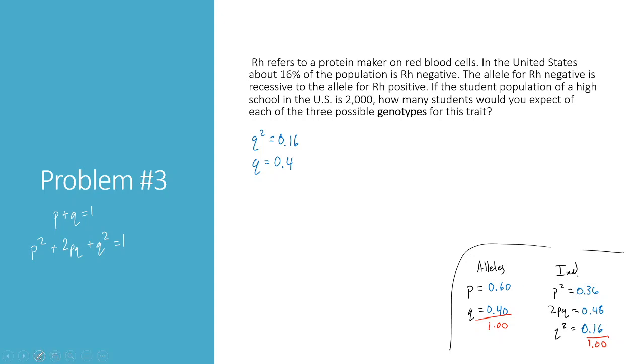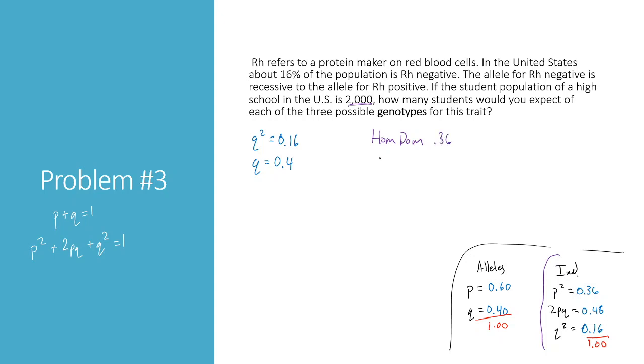Then the question itself is asking us, out of a population of 2,000, how many would we expect for each of the genotypes? So for each of these genotypes for our 3 different kinds of individuals. So we know that the homozygous dominant individuals make up 36% of the population.